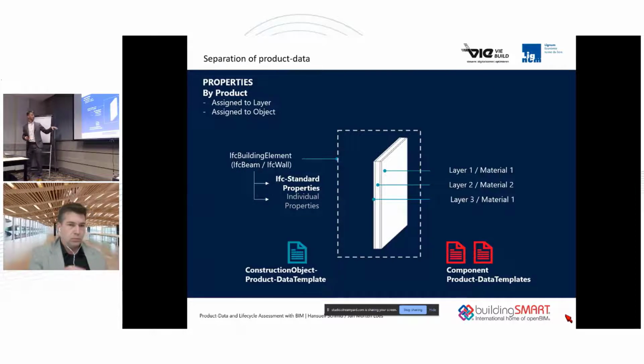So we have product data that is dedicated to describe the whole part, and product data that is dedicated to describe the component parts. And then again, if we want to stick to the IFC schema, we have to use the already described properties, and we also have additional unique or customized properties.